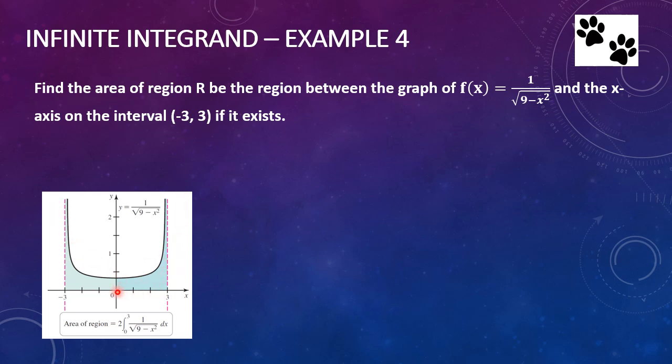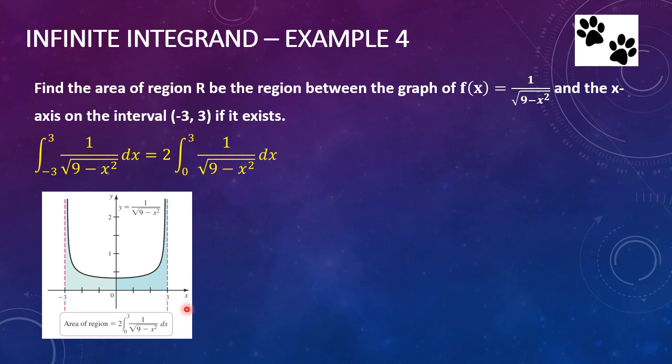So the area between -3 and 0 is equal to the area from 0 to 3. So the first thing we can do is rewrite the integral from -3 to 3 as 2 times the integral from 0 to 3 of 1 over the square root of 9 minus x squared, which of course is our f of x function. Okay?